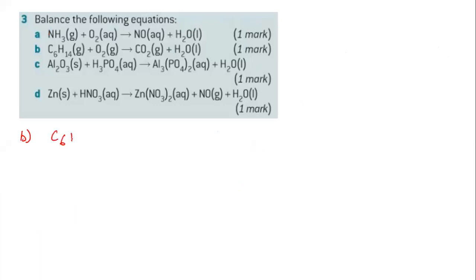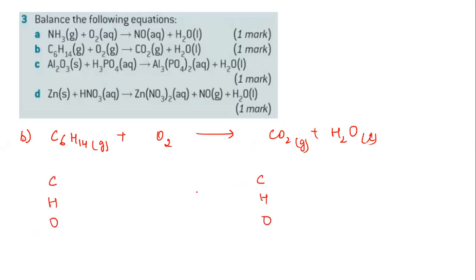C6H14 gas plus O2 gives you CO2 plus H2O. This is liquid and this is gas. If I add carbon, hydrogen, oxygen: carbon is 6, 14, 2. Here you have 1, 2, and 3. Clear?